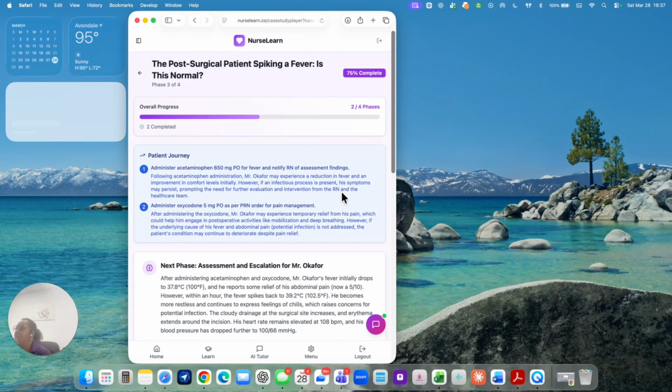How to insert an intravenous catheter. And you really want to be specific.